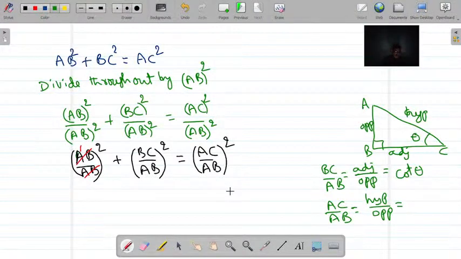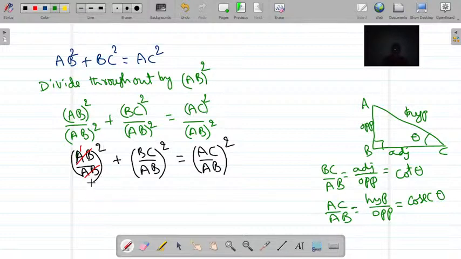It is the reciprocal of sine. What is the reciprocal of sine? Yes, you are correct. It is cosecant. Okay, so it is cosecant theta.